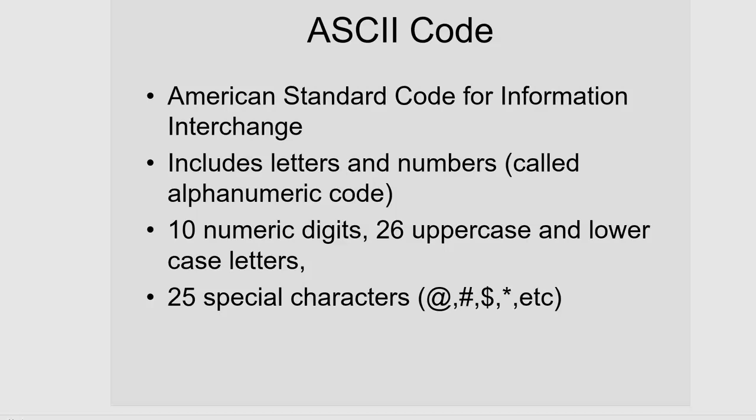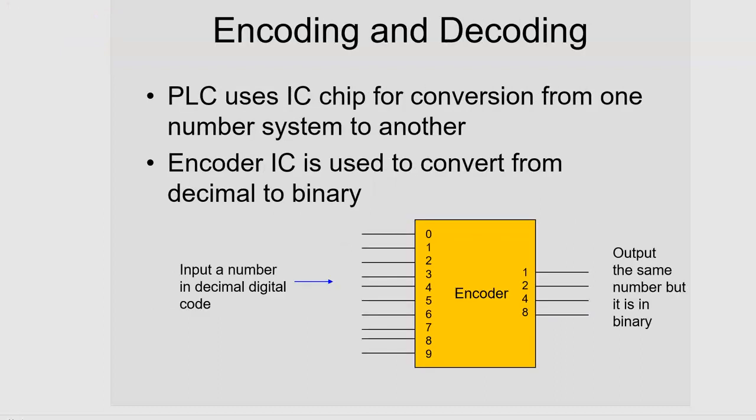All right, so we're getting close to the end here. This next slide, I'm not going to ask anything about it. The point of this is that we've been talking about coding. If I can code something, then I can decode something. So this idea of encoding and decoding is important. The purpose of this slide is just to show you that there are chips or electrical circuits that do the encoding and decoding for us.